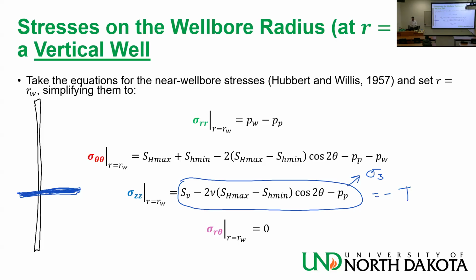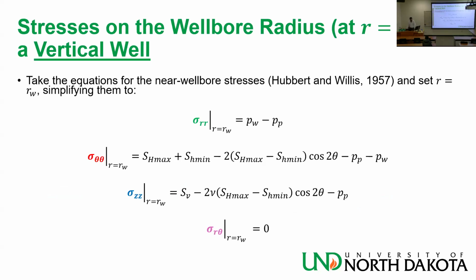Or he can apply a more complicated model that does have sigma ZZ as a function of PW, and then you can do the same process. So that's the mathematical application of the analytical criterion.